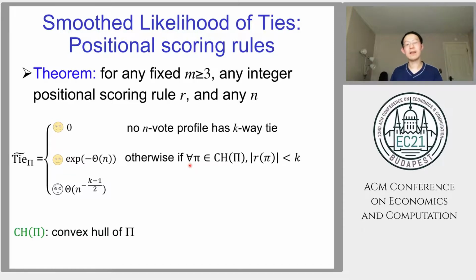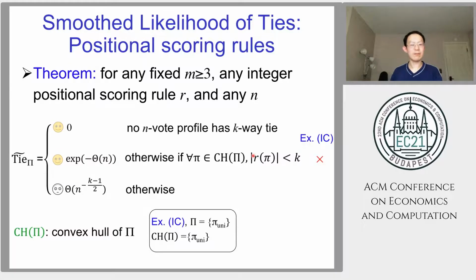It says that for any distribution pi in the convex hull of this capital Pi, if you view this distribution pi as a fractional profile, where the weights are the probabilities of the linear orders, and then you apply the positional scoring rule, the number of winners should not be smaller than k. Otherwise, if this condition does not hold, then the problem falls into the polynomial case.